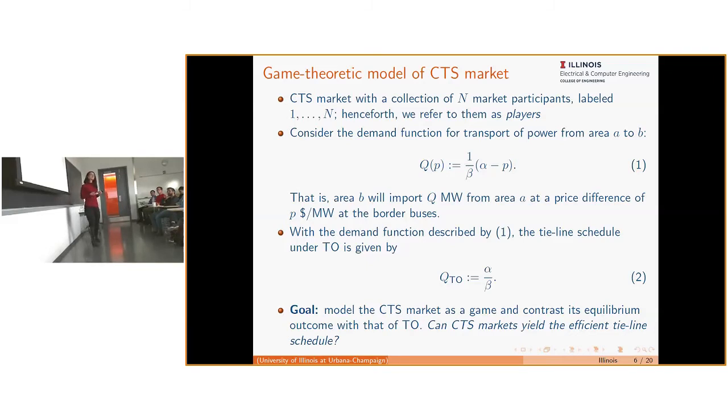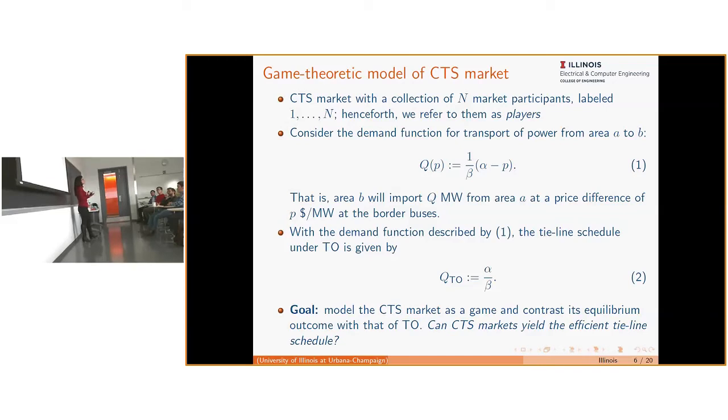So let us consider a CDS market with a collection of n participants. From now on, I will refer to them as players. And if I assume that the dispatch costs in each area are quadratic, then the inverse elastic demand of transport from one area to the other at the interface can be expressed as a linear function of the price given by the expression in 1, where P denotes the price spread.